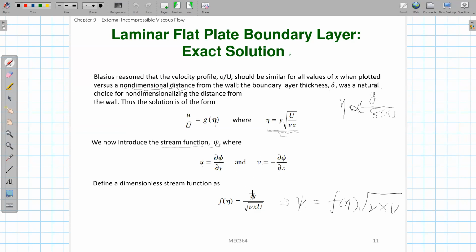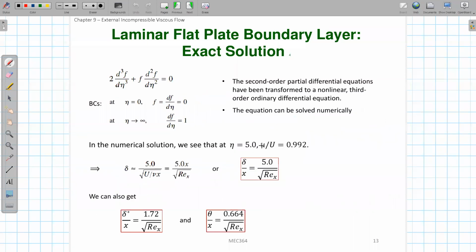And also let's assume this stream function also follows the same similarity variable. We substitute the things from this stream function, calculate u and v, substitute everything into the momentum equation, and our previous problem reduces to this equation.